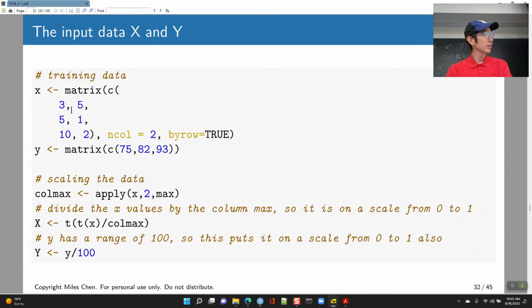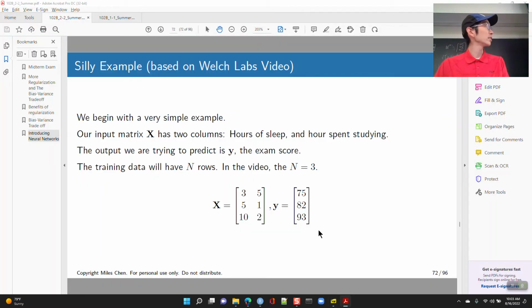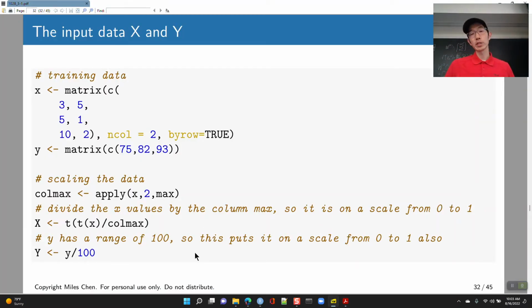So here's my matrix X, here are the values Y. For our function to work, remember the outputs, the y hats, are the result of applying sigmoid, and the sigmoid can really only output values between 0 and 1. So I'm going to take my values 75, 82, 93 and divide them by 100. So I get 0.75, 0.82, and 0.93. That's just so that everything has a range going from 0 to 1.